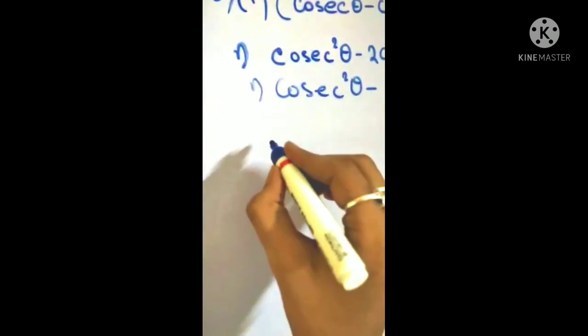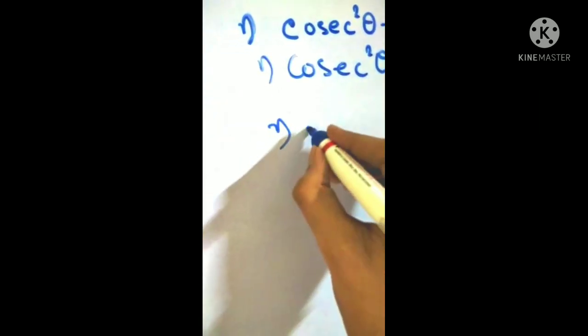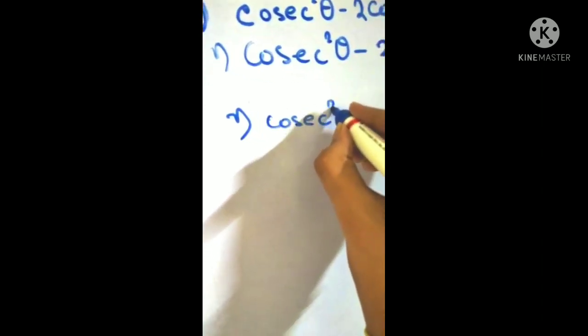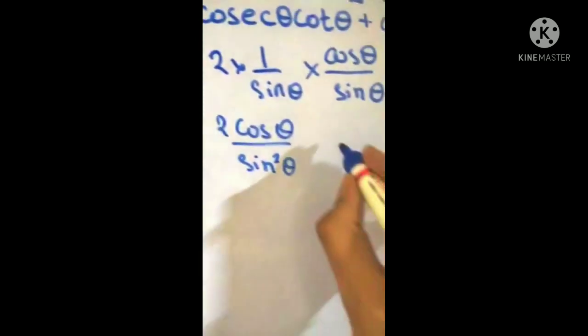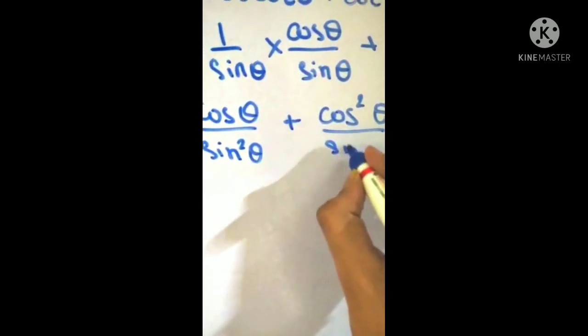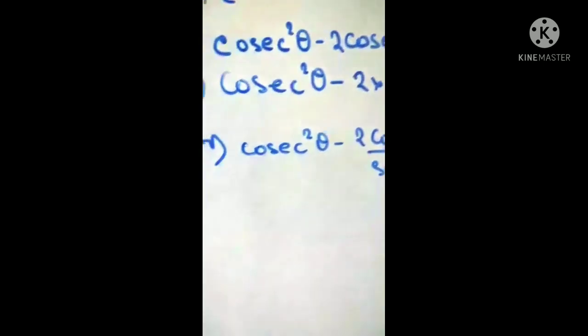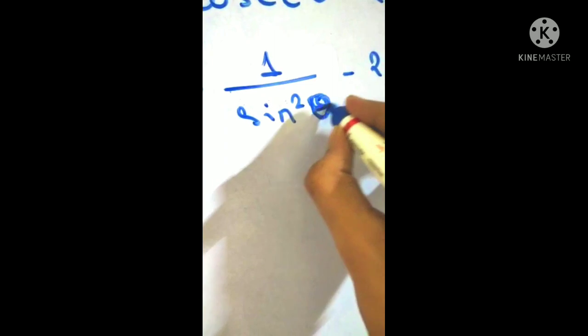Now cosec square theta minus 2 cos theta by sin square theta plus cos square theta by sin square theta. Here you can directly write cosec square theta as 1 by sin square theta. No need of doing another step for this.